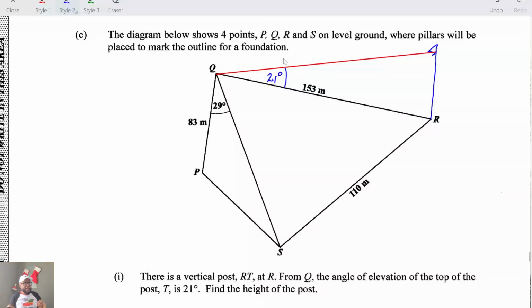You all understand what's going on? They said P, Q, R, S are on flat ground. You have a vertical pole at R, so that actually means that this is 90 degrees here. If it's a vertical pole, it's 90 degrees with QR and it's 90 degrees with RS.